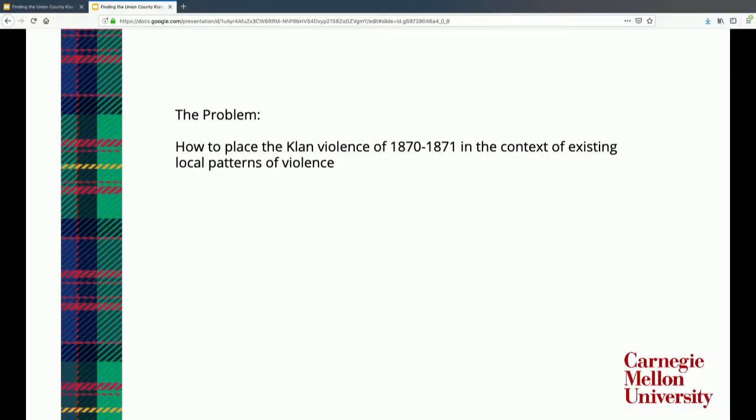And the insight that I had, my reading of the Klan, was that Klan violence actually was continuous with local patterns of violence. So I suspected that if I wanted to find the Klan, what I really had to do was find who were the existing criminal actors in Union County before and after this period of time who were identified, right?